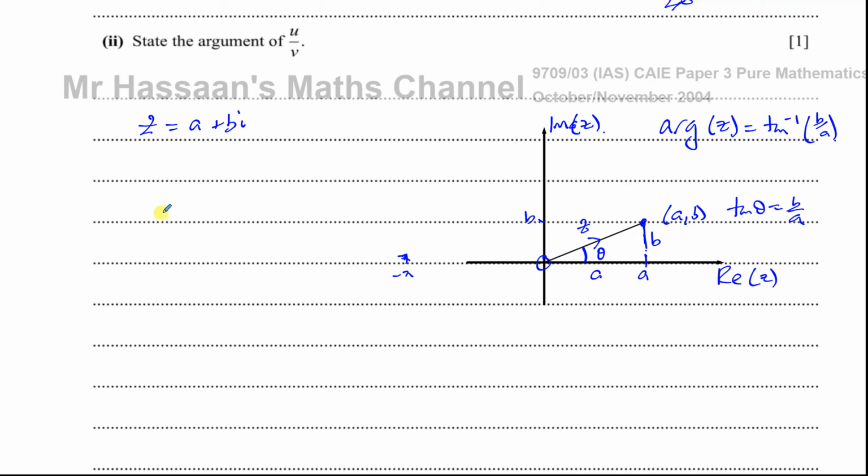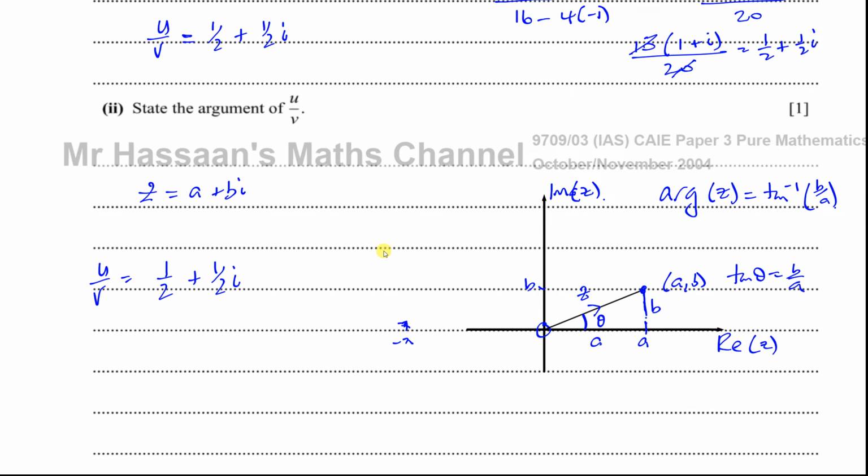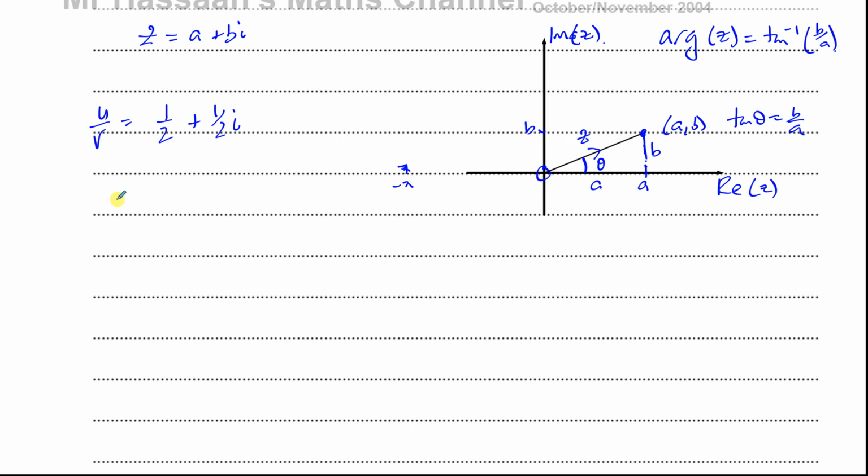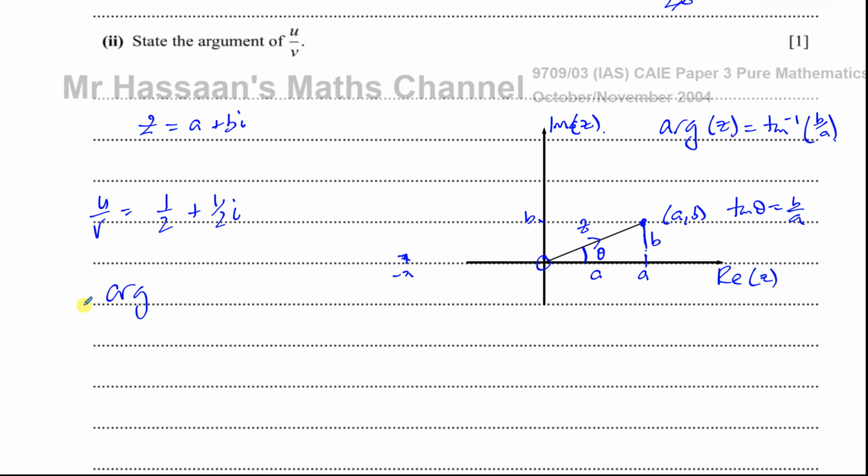So if we take our complex number u over v, which we worked out to be a half plus a half i in part A, and we want to find the argument of u over v, then it's going to be inverse tan of b over a.